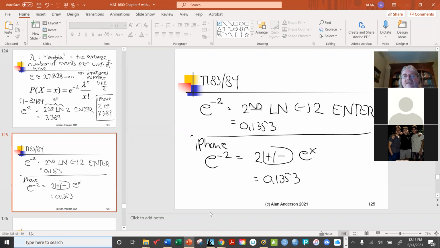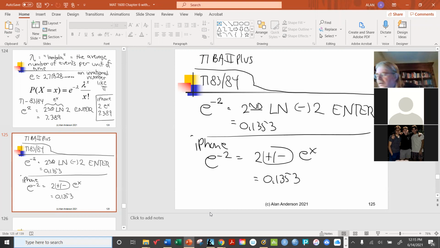All right, and of course you may have another calculator, for example, the BA II Plus, which you may have. This is really a finance calculator, but it still has what we need.